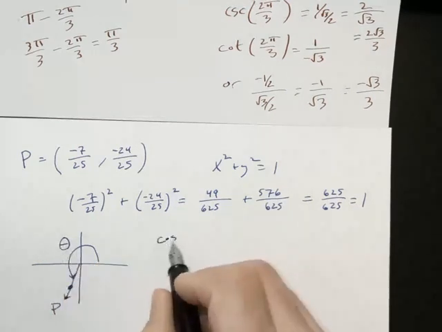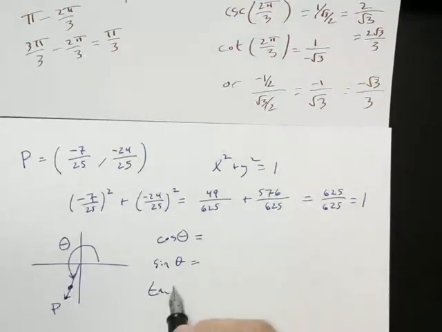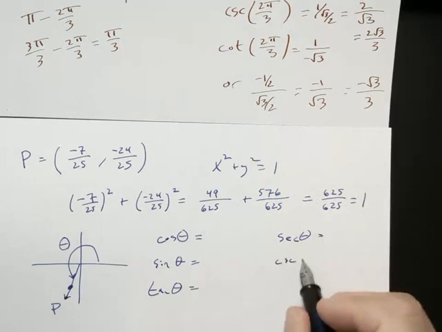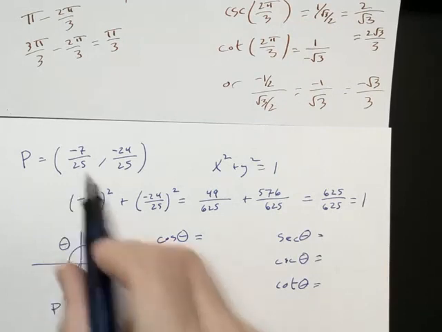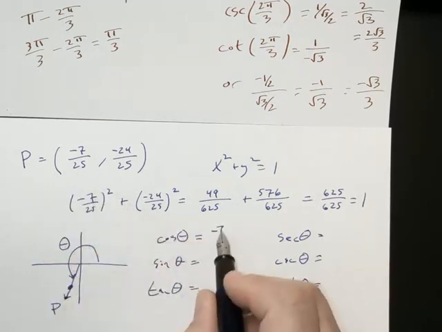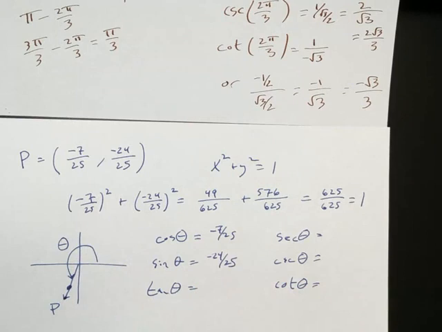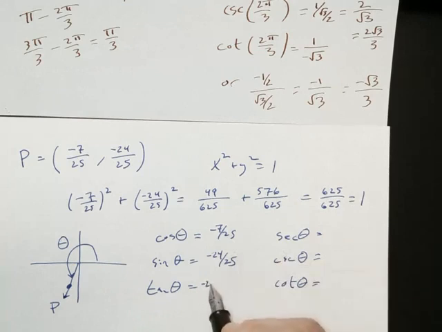So then I can say cosine of theta, sine of theta, tangent of theta, secant of theta, cosecant of theta, and cotangent of theta. And because you know cosine is x and sine is y, you know all the rest of them. Tangent is y over x. The over 25 part will cancel out.